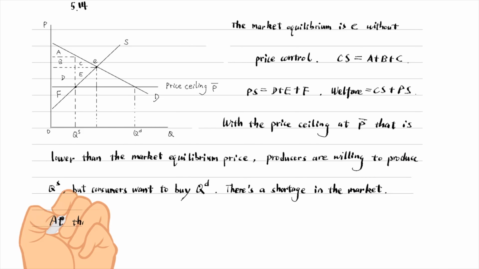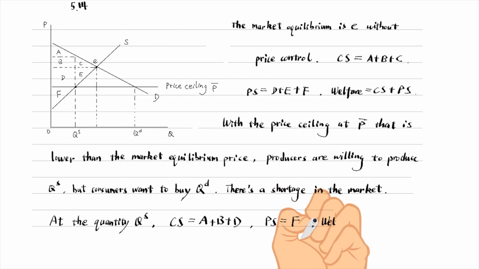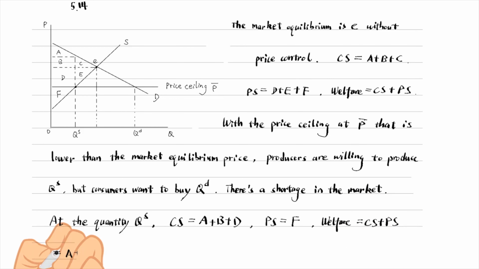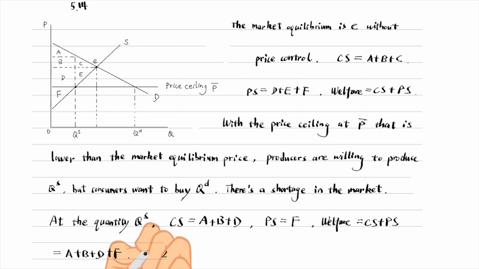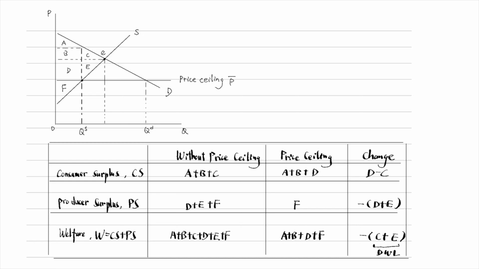At the quantity QS, the consumer surplus is the area A plus B plus D. The producer surplus is the area of F. The welfare is A plus B plus D plus F. It decreases by the area of C plus E, which is the deadweight loss to society. We list the values in a table.